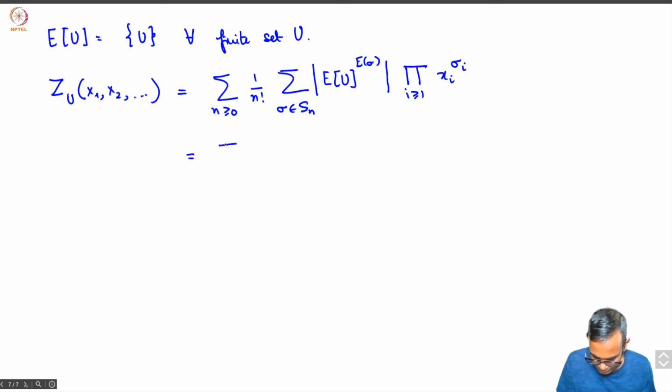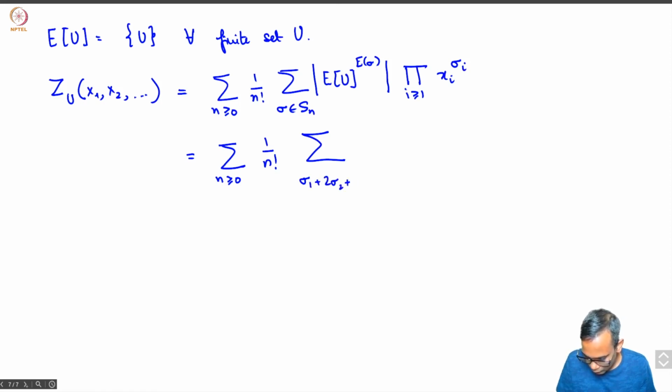What this becomes is summation n greater than or equal to 0, 1 over n factorial, and we can organize the permutations by cycle type. So this becomes a sum over all permutations with cycle type, say with sigma 1 1-cycles, sigma 2 2-cycles, and so on. If you have a permutation in Sn, then sigma 1 plus 2 sigma 2 plus dot dot dot plus n sigma n is going to be equal to n.